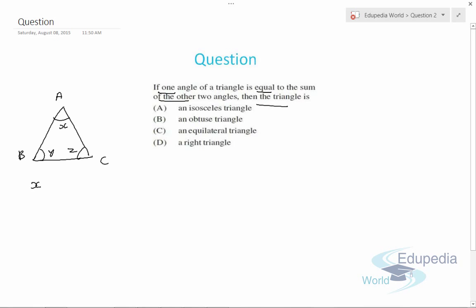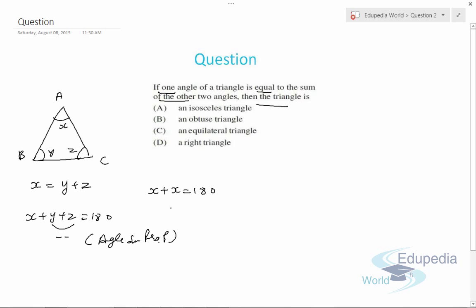It's given that one angle equals the sum of the other two angles. Now as we know, X plus Y plus Z equals 180. Why? We know it's the angle sum property, right? So instead of Y plus Z we can write X. So this becomes X plus X equals 180, so 2X equals 180, so X equals 90.